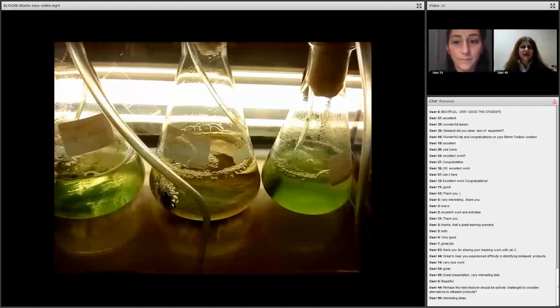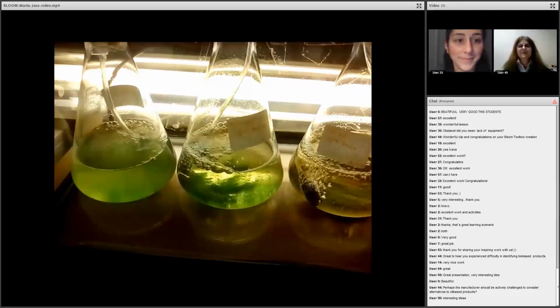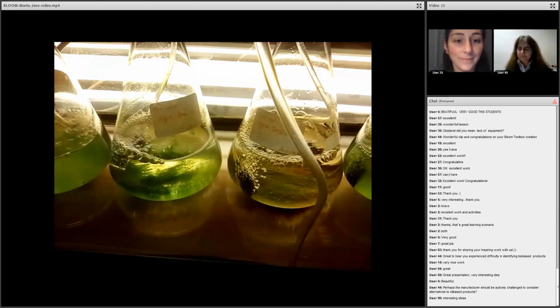So they grow, and then they made biomass from here. We were teaching photosynthesis and sexual reproduction, and those concepts were applied here and learned from here. It was very interesting. Okay.